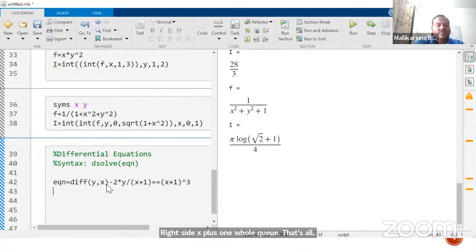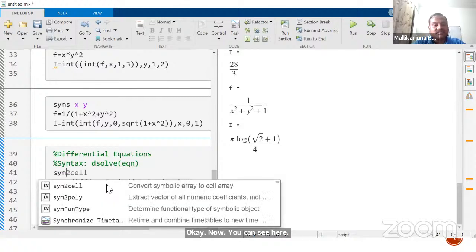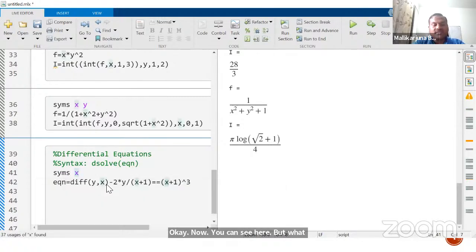Now you can see what we need to take as symbols: x. Usually in calculus, we take x as a symbol. When it comes to differential equations, y also arises. Usually people think x and y should be given like this.